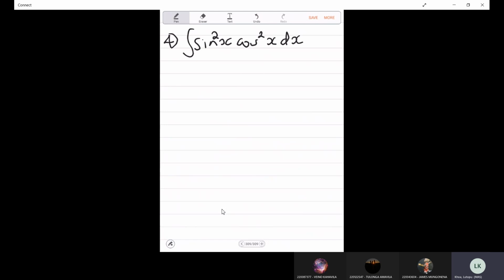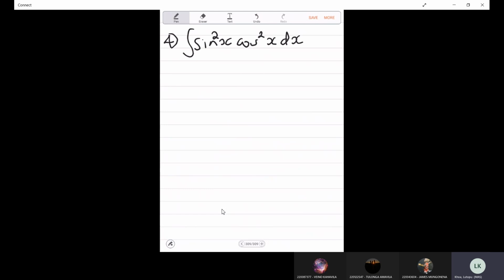So this one is a little bit different because with the previous ones, we had an odd power, and we knew that with our odd power, we should rewrite it. But here in this case, the choice is yours. You can write the cos squared in terms of sine squared, which I prefer, because if I write it in terms of cos squared, the derivative of cos is negative sine, and I want to avoid that.